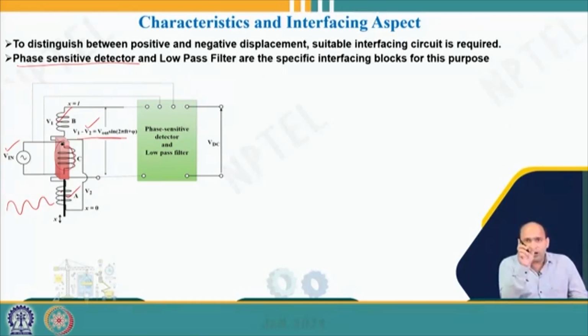But by looking at only one waveform, you cannot tell whether it is in phase or out of phase. So that's why this output voltage is fed to the phase sensitive detector, and then further it is passed through one low pass filter, so that finally I will get the DC output voltage, right?